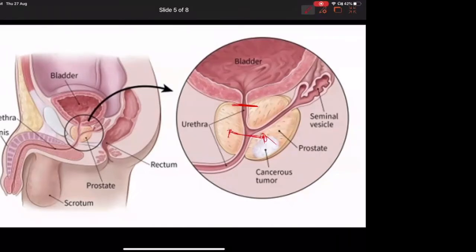So for prostate cancer, herein lies the problem. Guys have this organ, the prostate. Prostate cancer is the most common cancer that we deal with. We take out the whole prostate, and then we join everything up together.